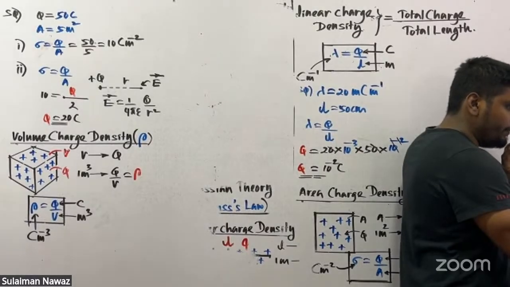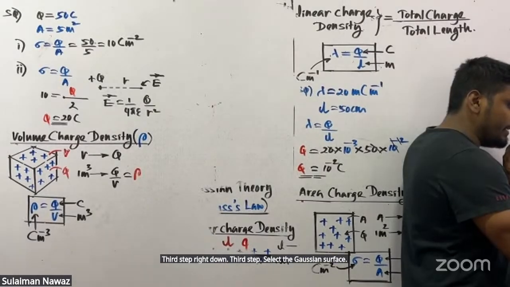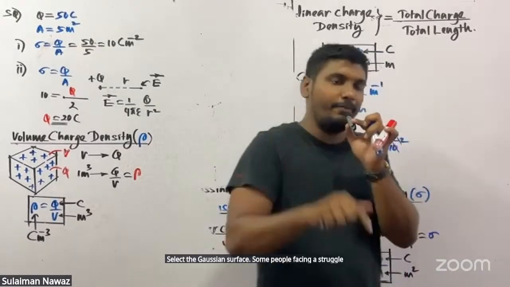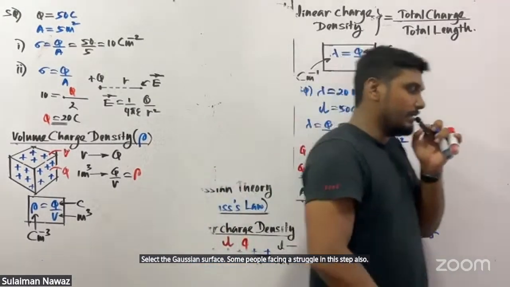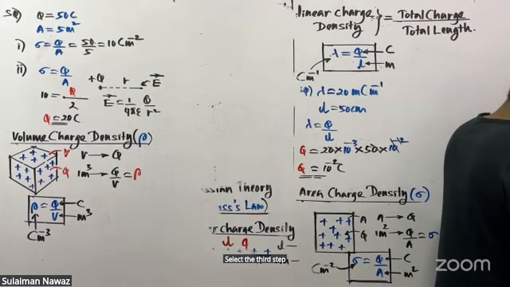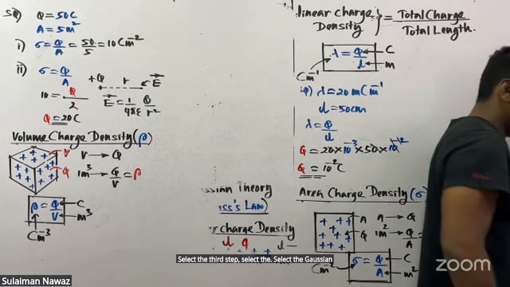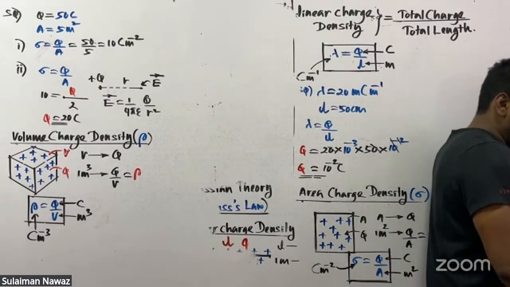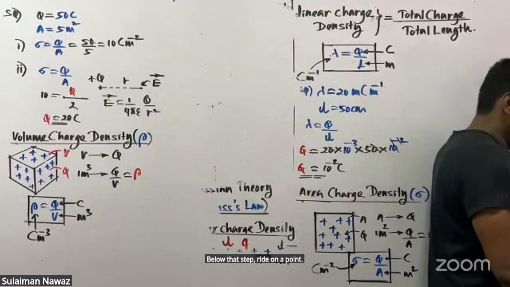Third step, write down: select the Gaussian surface. Some people struggle in this step also. Below the third step, write a point.